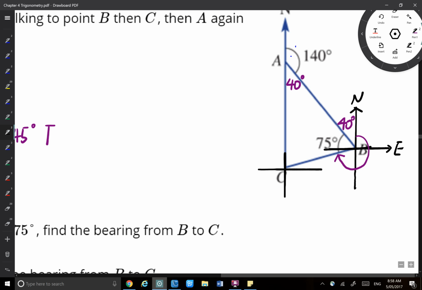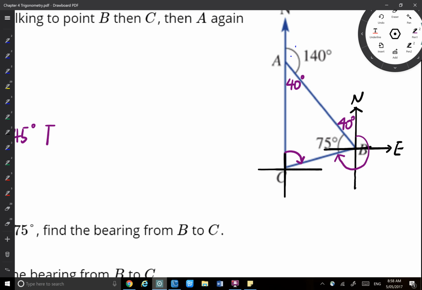So the bearing is actually here, from the north of C until it meets the line connecting C and B. So that is the bearing from C to B. From C, draw the cross at C. From north, go clockwise until you meet the line connecting B and C.